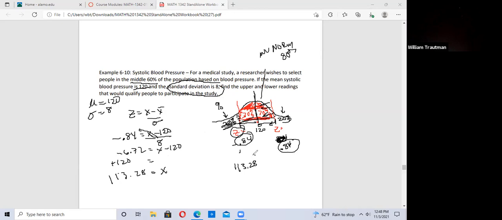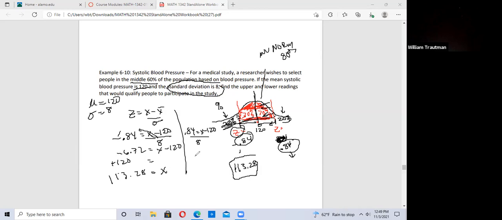So the lowest blood pressure would be 113.28. Now we have to find this z-value. It's going to be the same thing, except we're not putting a negative here. It's going to be positive 0.84 equals x minus 120 over 8.